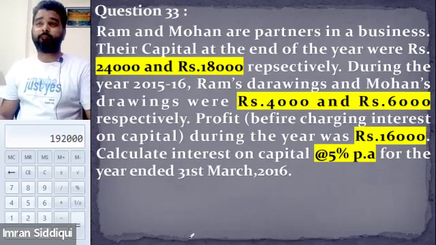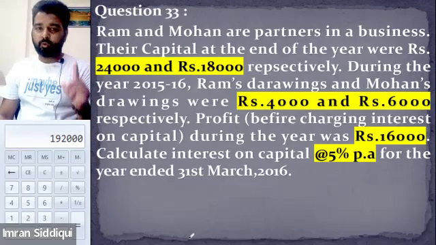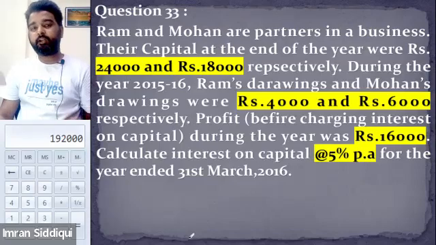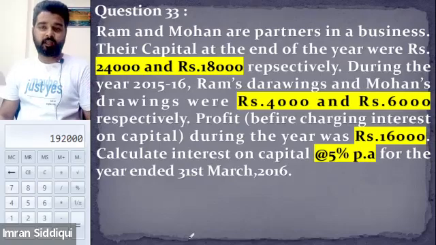Always remember one thing, that interest on capital is not calculated on the closing value of the capital. Interest on capital will always be calculated on the opening balance of the capital. Is that clear, Aman, Halima, and Renosh? We will have to find out the opening capital balance of the partners.